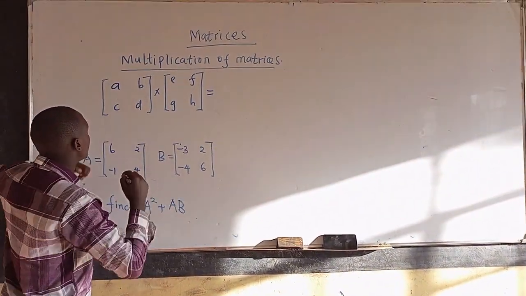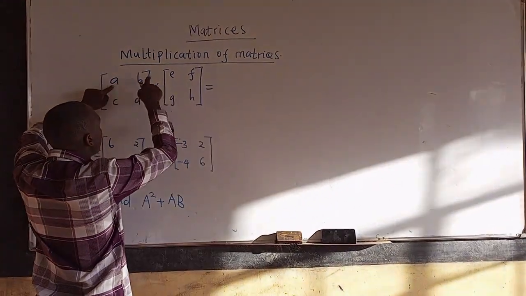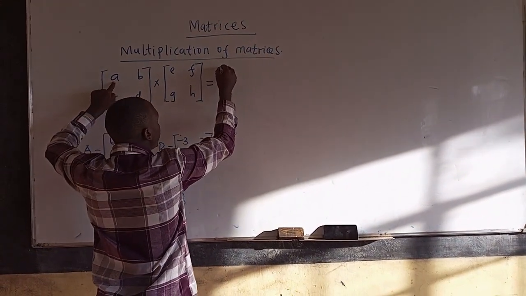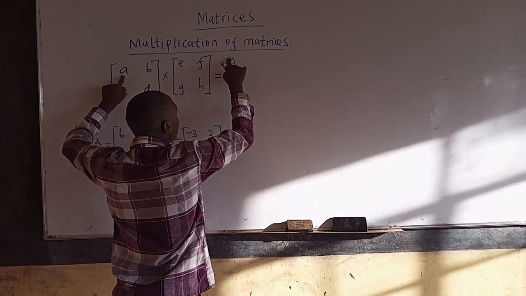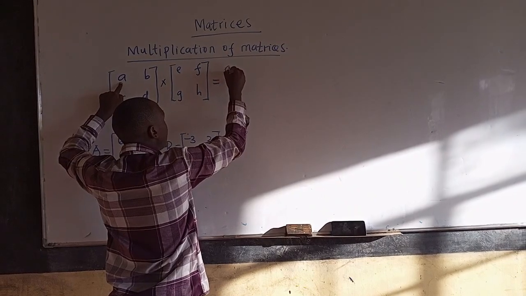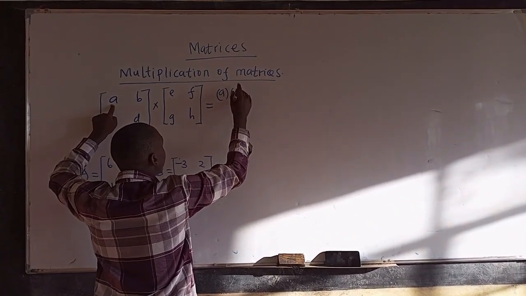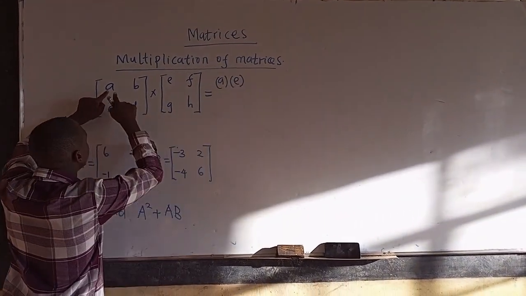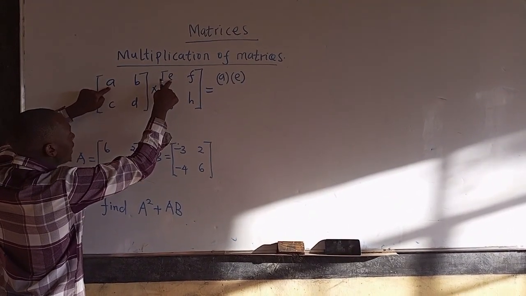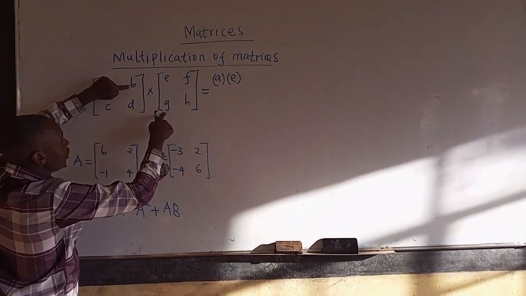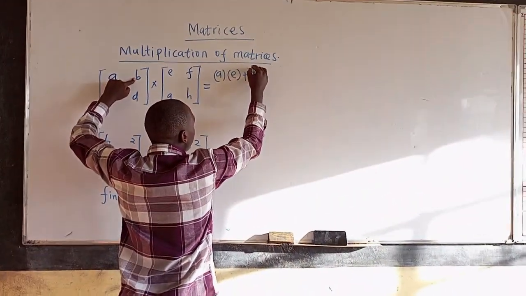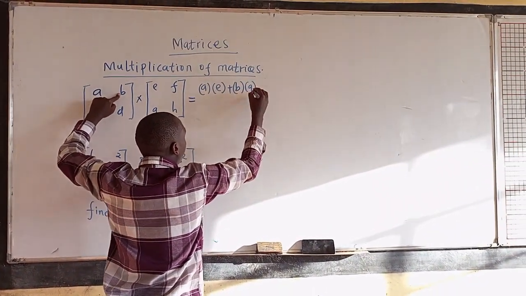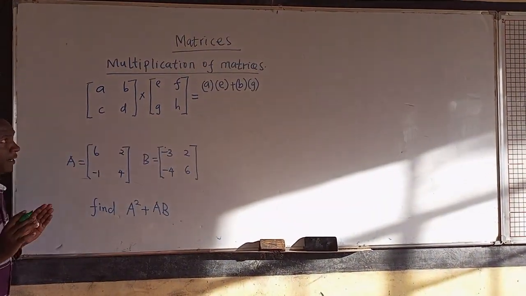So what do I mean? You multiply A by E, and you add that to B multiplied by G. So that becomes the first element.